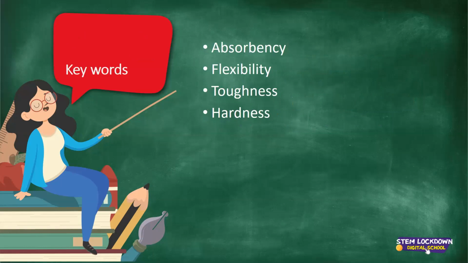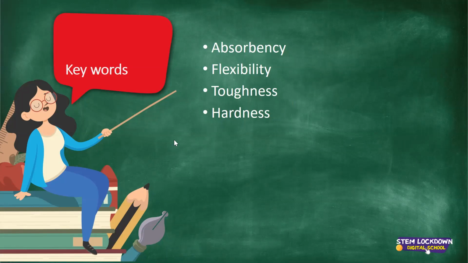The keywords for this lesson, meaning the new words that you might see today, are absorbency, which is the ability of a material to absorb water or not. I will also explain when we come across it again. Another word is flexibility, and then toughness, and hardness. I know that some of these words you've heard in your everyday lives.